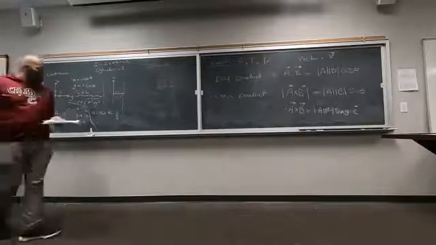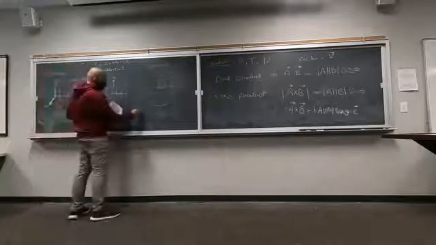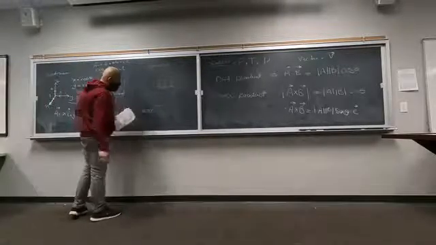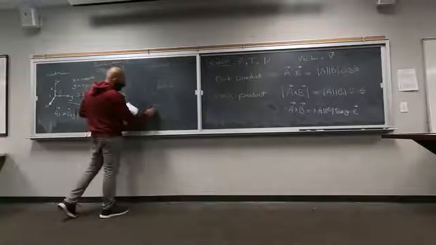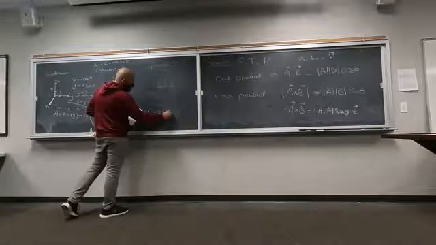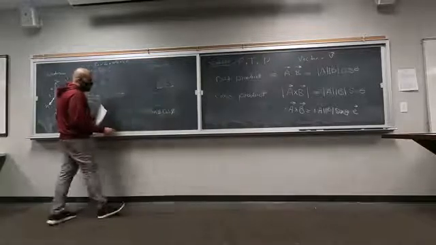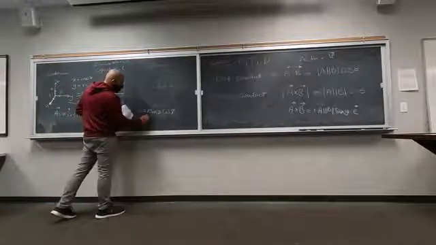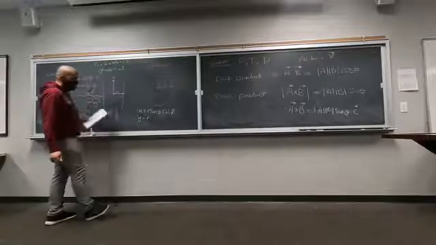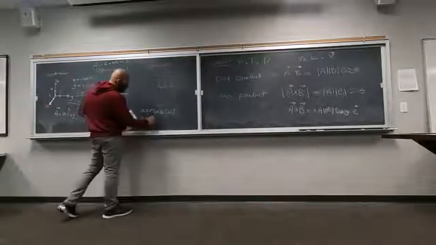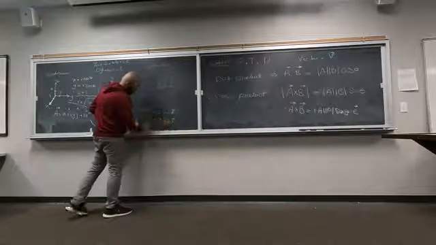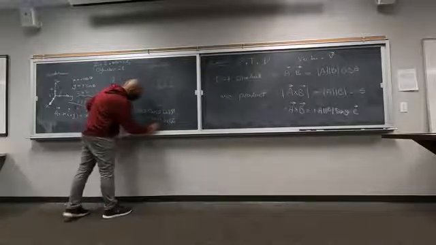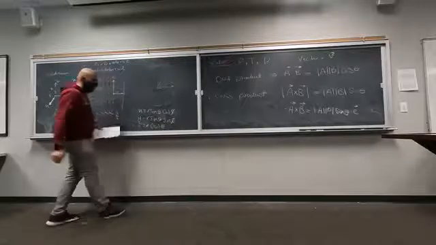We can relate this to your Cartesian coordinate system as R sine of theta cosine of phi is going to be equal to X. Y is going to be R sine of theta sine of phi. And Z is going to be equal to R cosine of theta.